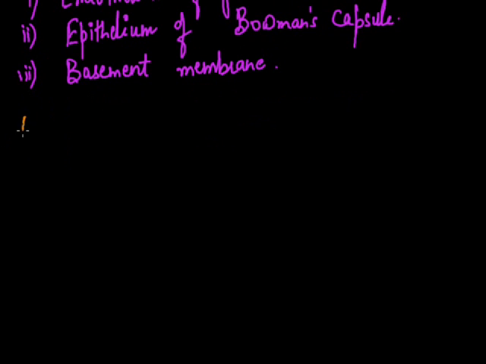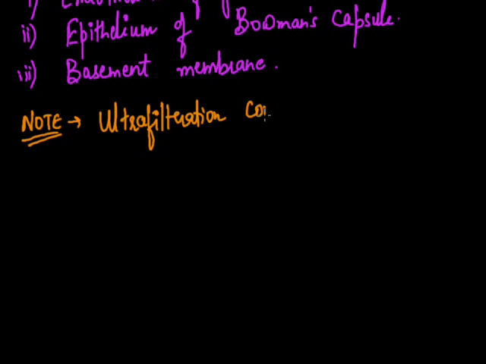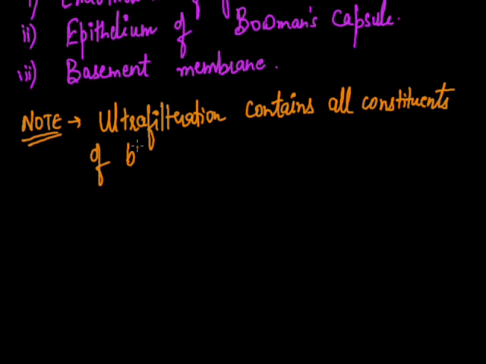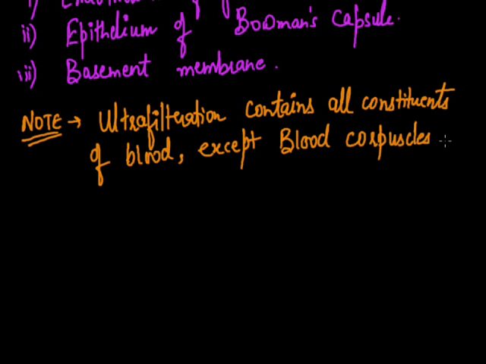These are the three layers responsible for filtration. One important note before continuing: ultrafiltrate contains all constituents of blood except blood corpuscles and plasma proteins.